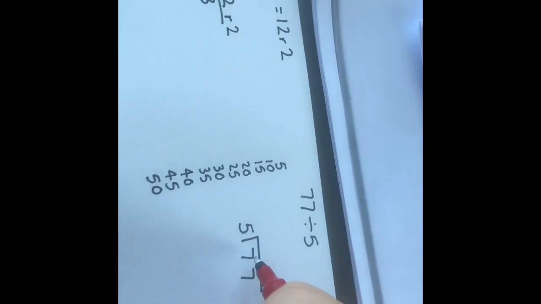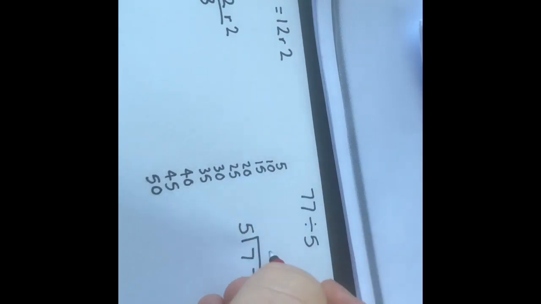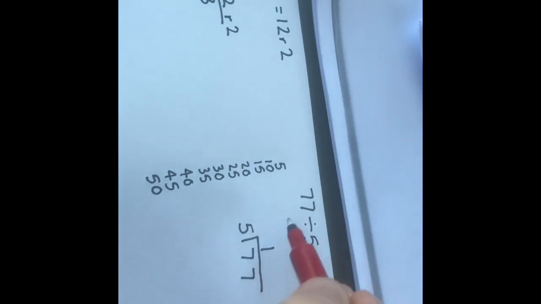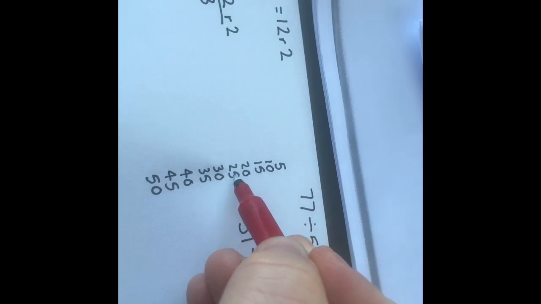Now, looking at here, how many 5s go into 7? Looking on here, 7 is less than 10. 5 goes into 7, so 1 lot of 5 goes into 7. What's the difference between 5 and 7? It's 2. So we carry the 2 across. Now watch carefully. We carry the 2, so we put a small 2 next to the 7. How many 5s go into 27? 1, 2, 3, 4, 5.